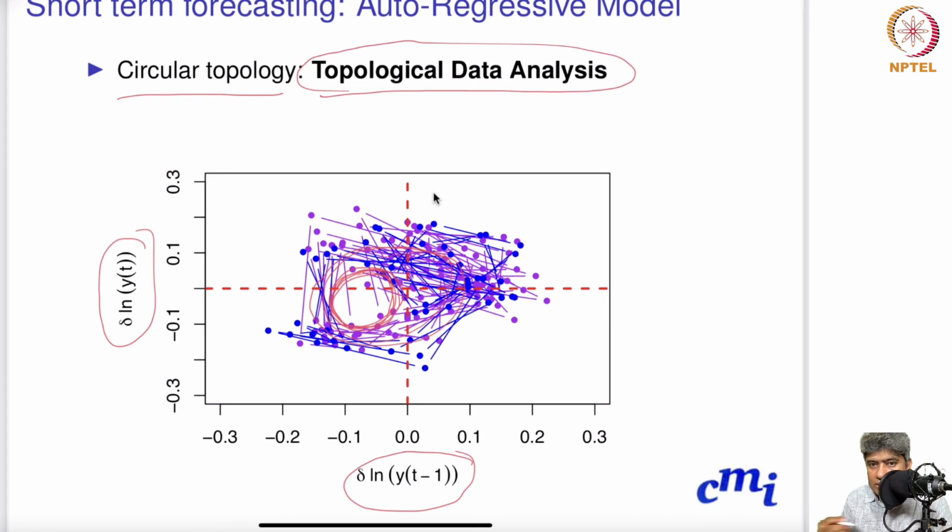So I'm not going to discuss this, but topological data analysis is a new and very exciting area. What is the topology of the data? Is there a hole in the data? And what we are seeing is that there is indeed a hole in the data.